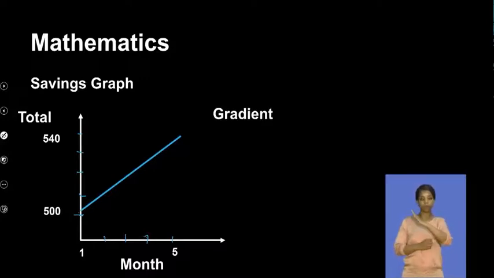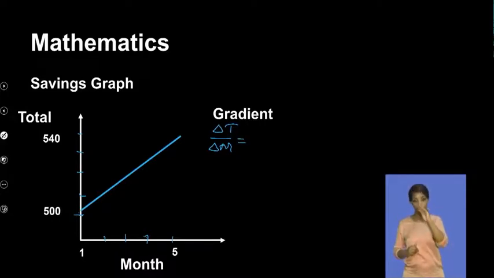If I want to look at what my gradient is here, it will be the change in the total, which I will just say is delta t, over the change in months, which will just be m in this instance.